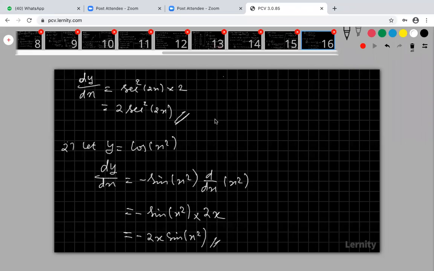Are you okay? What about this? Y is equal to sine of cos x square. How to differentiate this? Sine of cos x square.